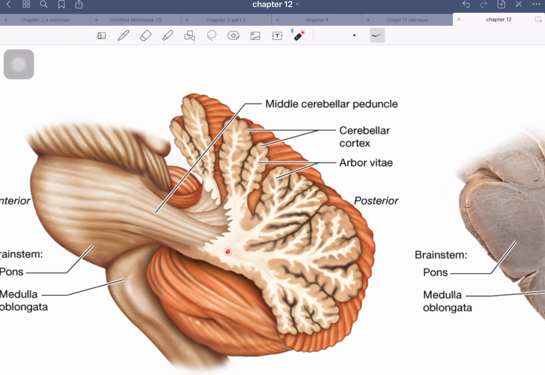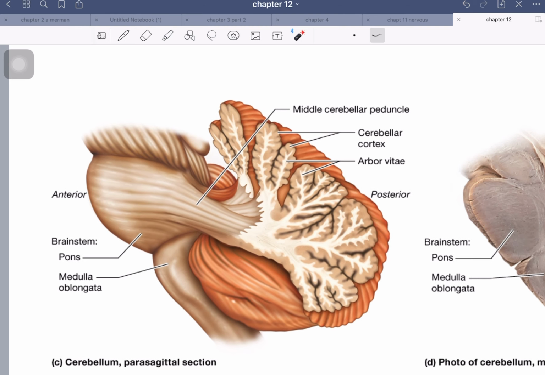Now remember, this was given a special name. This is called the arbor vitae, which is a beautiful name because it means the tree of life, and I think it's very appropriate. All this white matter does kind of look like trees. So the arbor vitae are the white matter tracts. Now, here we can start to see some of the peduncles.